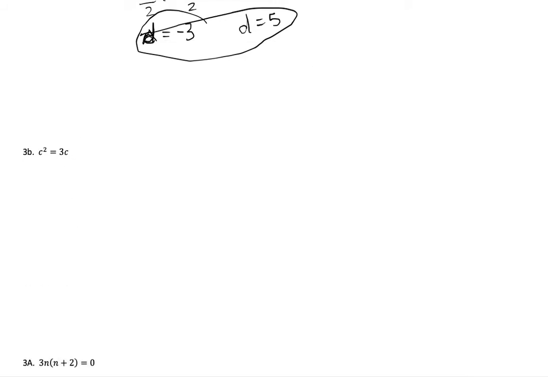Okay, here is another one. c squared equals 3c. Well, it's a quadratic. Whenever you see a quadratic and you need to solve it, you should think, oh, I should set that equal to 0, unless it's in the form of the square root property, x squared equals n, so there's no bx term, no middle term.